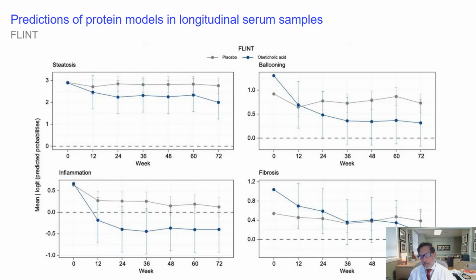And I think this is really the first time we have longitudinal data using a blood-based biomarker that is actually tracking the outcomes with the key histologic features of NASH in the setting of a well-constructed, rigorously done set of clinical trials, not just one, but a set.